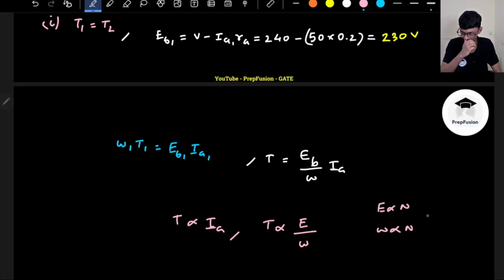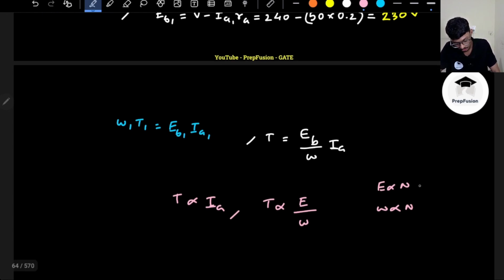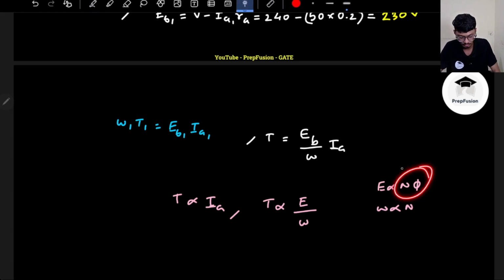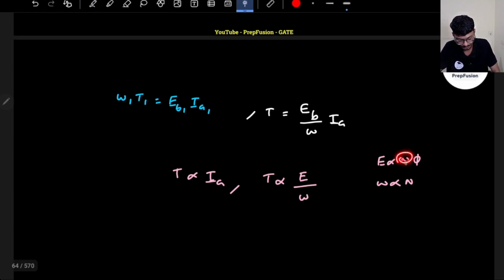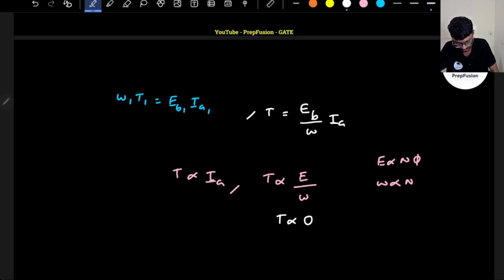So omega is equal to 2 pi N by 60. It is also proportional to the flux phi. If I assume that the number of poles and number of conductors remains same, it is proportional to N into phi, right? So the speed gets cancelled out. So ultimately I can say that my developed torque will be proportional to the flux only. Okay, because speed is common and I am assuming that the number of poles and conductors are not changing.